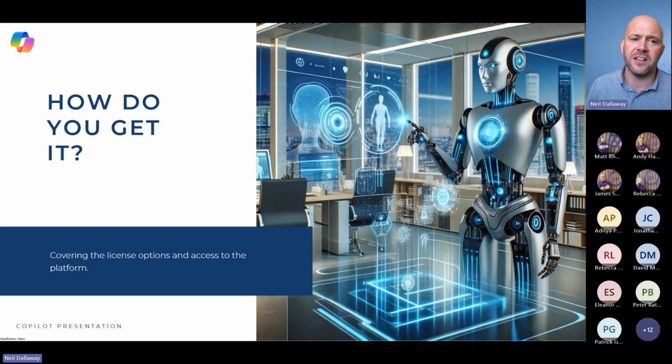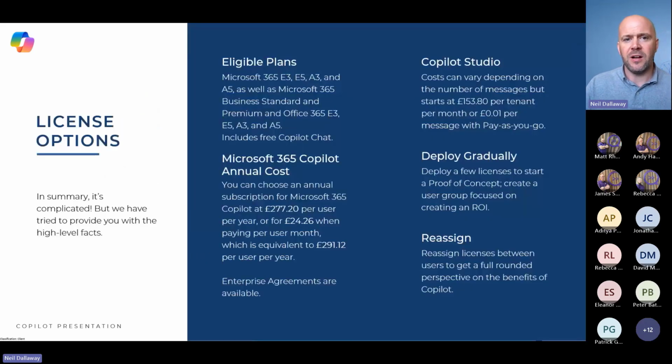So how do you get Copilot? As with anything Microsoft, it can be a little bit complicated in terms of the licensing, but we've tried to simplify it as much as possible. So there are eligible plans which will give you that Microsoft Copilot Chat. So 365 E3, E5, A3 and A5, as well as the Microsoft 365 Business Standard, Premium and Office 365 E3, E5, A3 and A5.